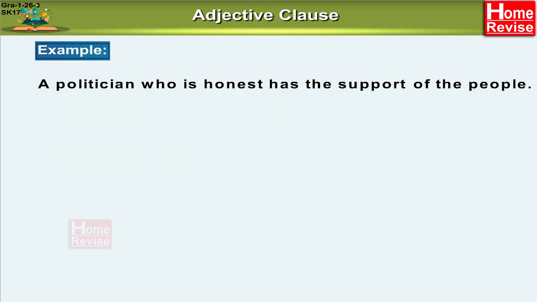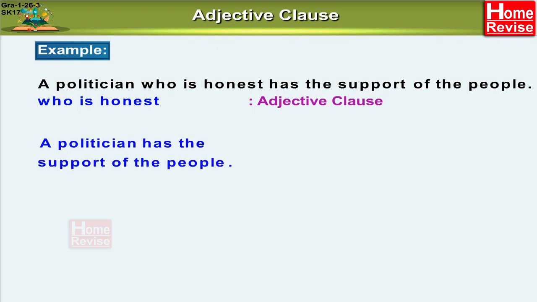A politician who is honest has the support of the people. In this sentence, who is honest is the clause which is describing the politician. So, who is honest is the adjective clause, whereas a politician has the support of the people is the main clause.